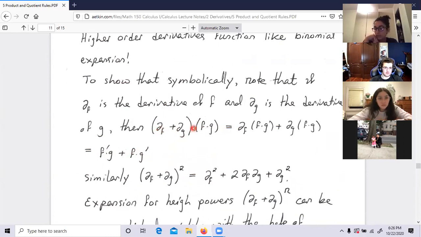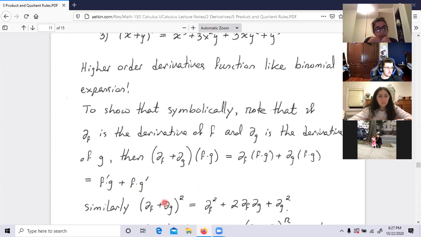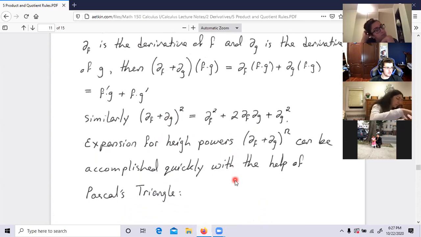You distribute it to fg, so you take the derivative of f, this doesn't touch g. Distribute it through g, you take the derivative of g. Do you see this pattern, guys? And then if I square it, look what happens. It's the first thing squared, 2 times the product of them, plus the last thing squared.